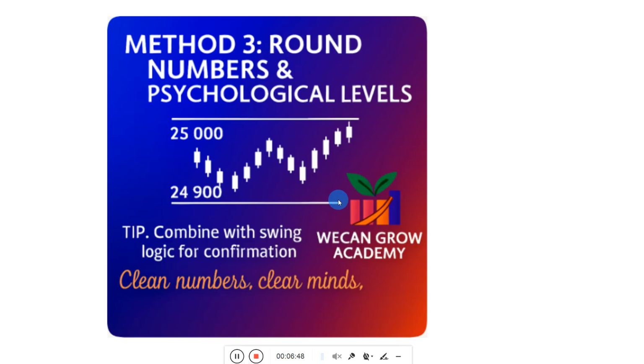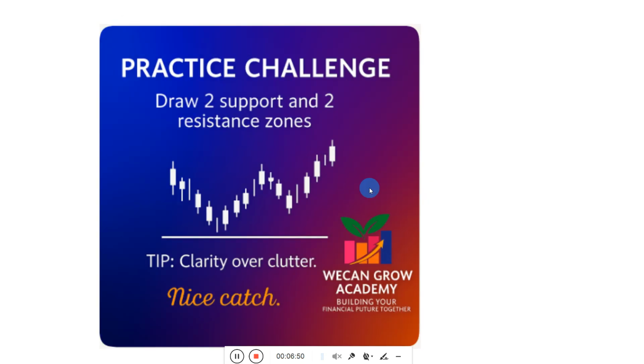So coming back, practice challenge. Now it's your turn. Take a look at this chart and try drawing two support zones and two resistance zones. Trust your instinct, apply what you have learned, and remember the nice catch.